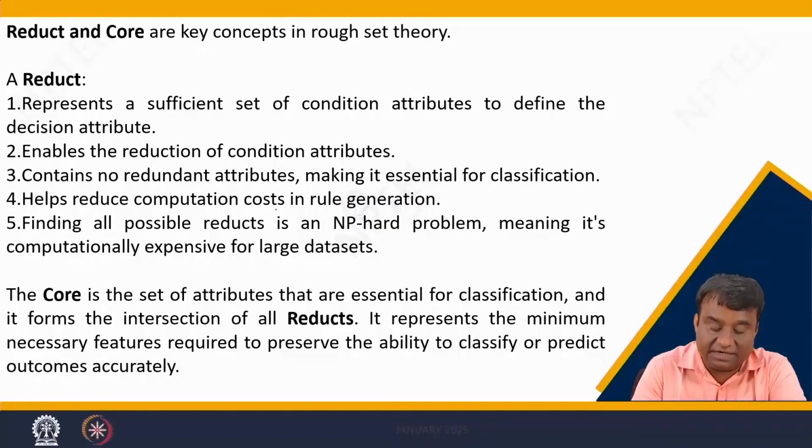Finding all possible reducts is an NP hard problem, meaning it's computationally expensive for large datasets. The core is the set of attributes that are essential for classifications and it forms the intersection of all reducts. It represents the minimum necessary features required to preserve the ability to classify or predict outcomes accurately.